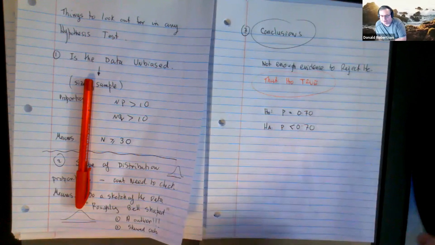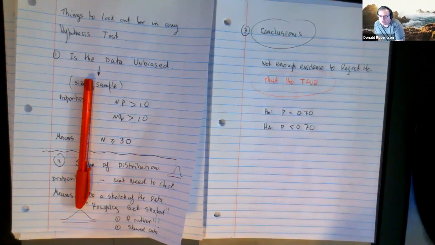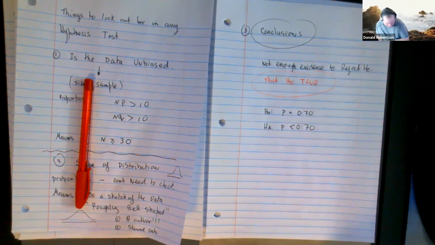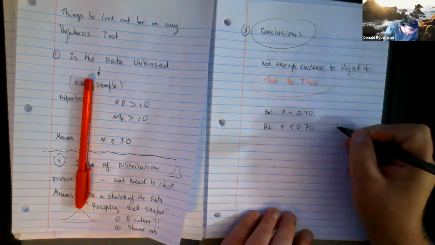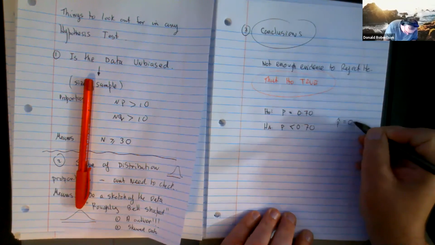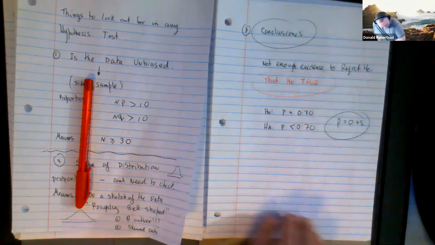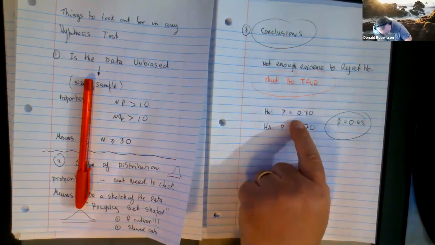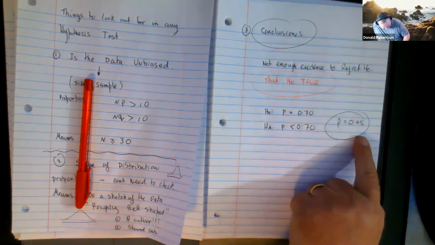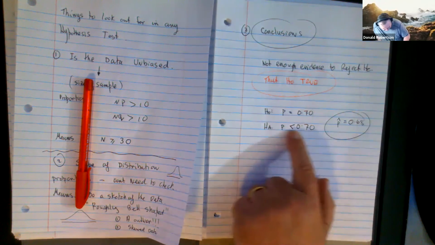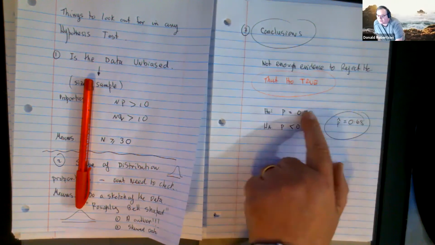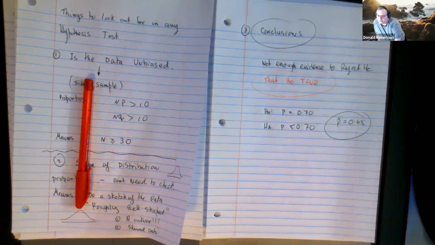And I did the hypothesis test and I came back with not enough evidence to reject H0. Let's say that the data I got was 68%, right? Just because I didn't find enough evidence to prove that this was true doesn't mean that this is now true. All that really means is that we don't know.